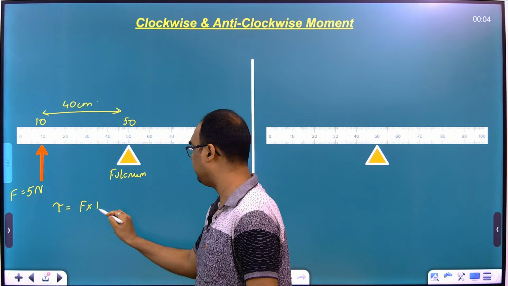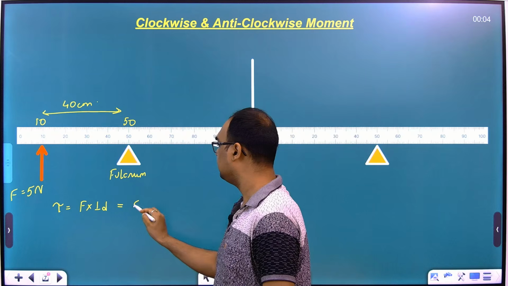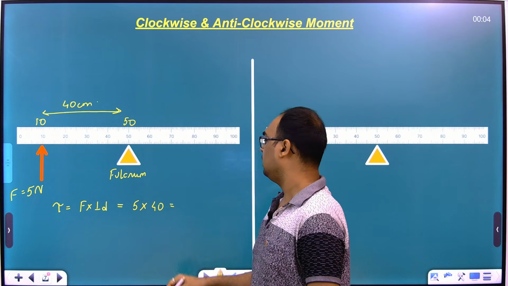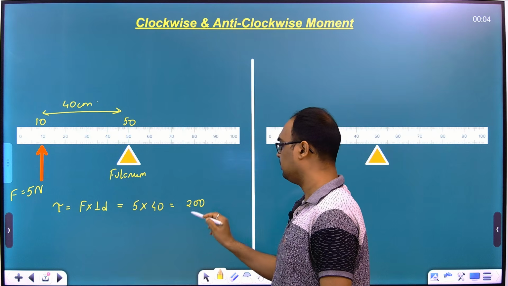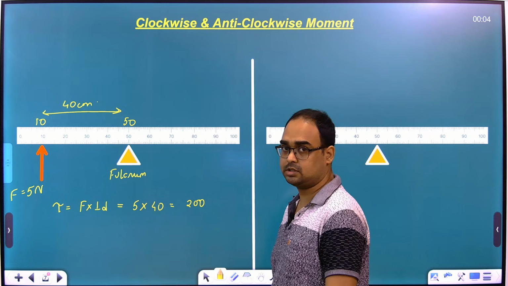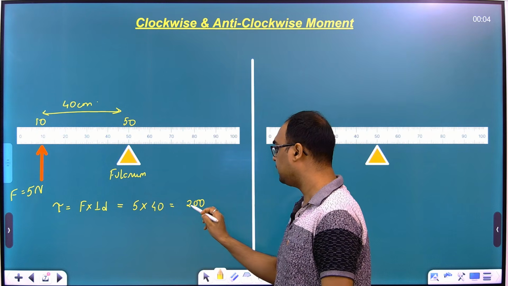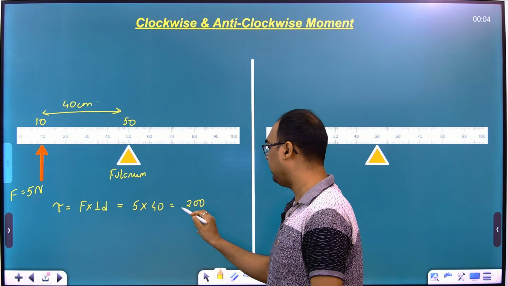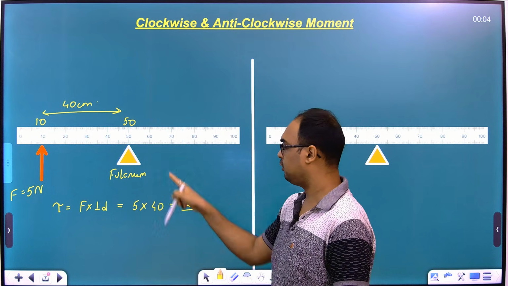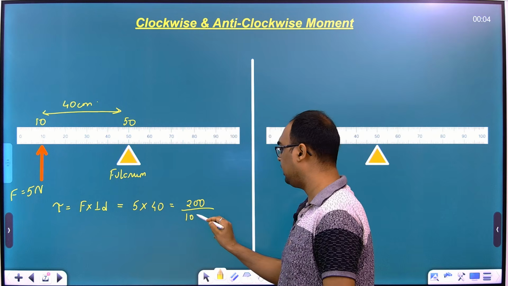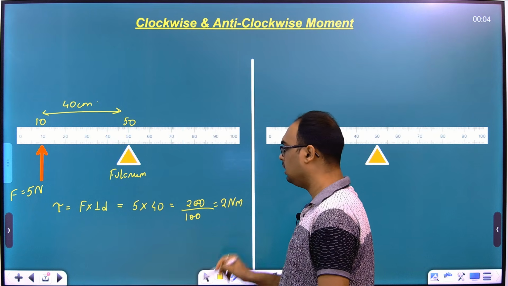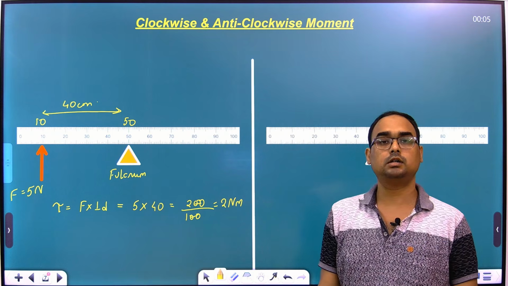F into perpendicular D, that is 5 into 40, that is 200. But make sure you do the necessary conversions. For 5 it was Newton, nothing required, but for centimeter you have to divide it by 100 to get into meter. That's 2 Newton meter is the torque.